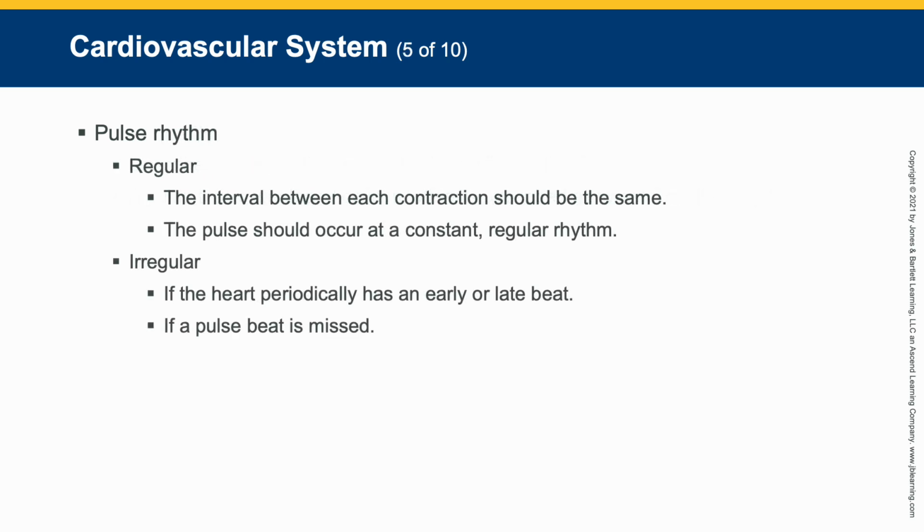Now, when assessing the pulse rhythm, this is the timing between each beat. Is it regular or irregular? In a regular rhythm, each beat occurs at a predictable interval. In an irregular rhythm, the beats may come early, may come late, or may skip altogether. Some irregularities are benign, like occasional premature beats, but others, such as atrial fibrillation or bradyarrhythmias, may indicate a more serious cardiac issue.